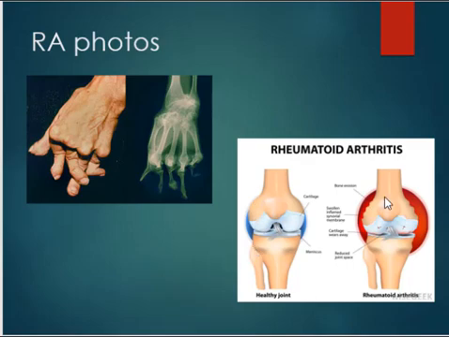The bone is smooth. On the right side, you can see that the bone is very jagged. We have swollen and inflamed synovial membrane. The cartilage is wearing away, and there's this decrease in joint space here. So that's just a graphic for you.